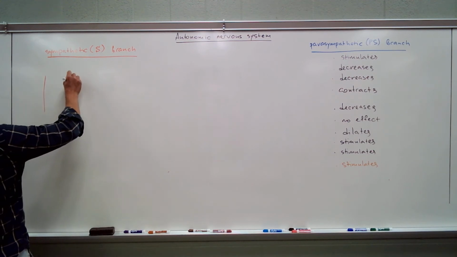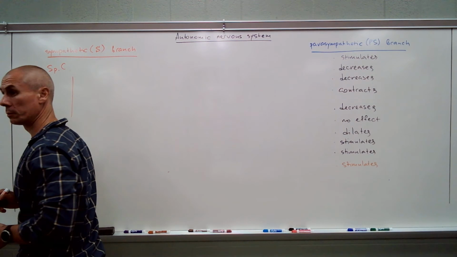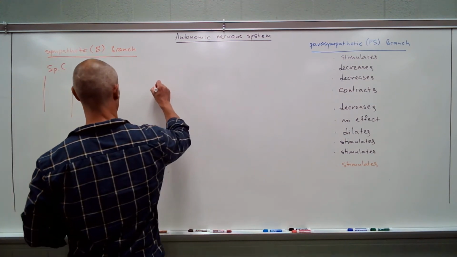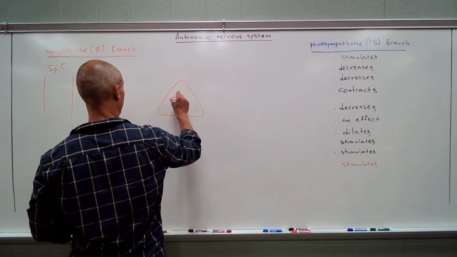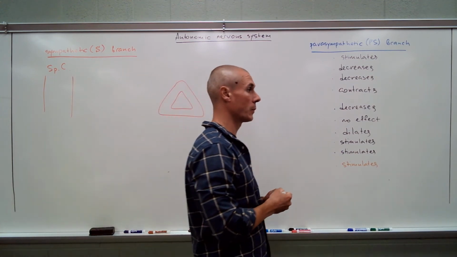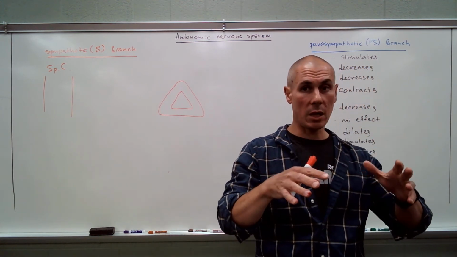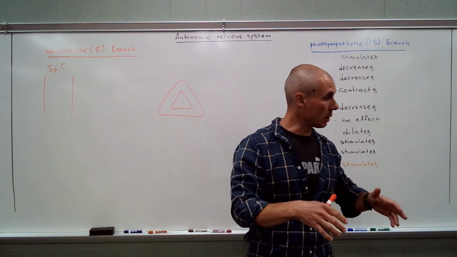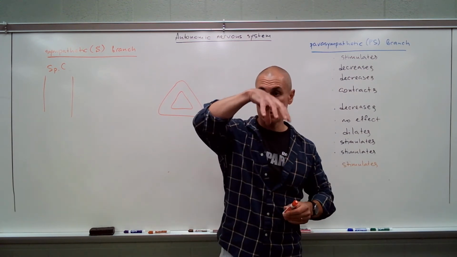So this is your spinal cord, okay? And this is adrenal gland. Okay. Those are pyramid-shaped glands that are located at the top of the kidneys, like sitting on top of the kidneys.